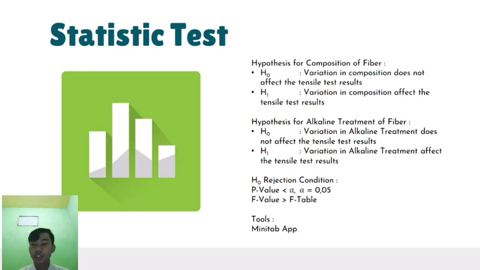H1: variation in alkaline treatment affects the tensile test result. H0 rejection condition: if the p-value is smaller than alpha equals 0.05, and F value is bigger than F critical.